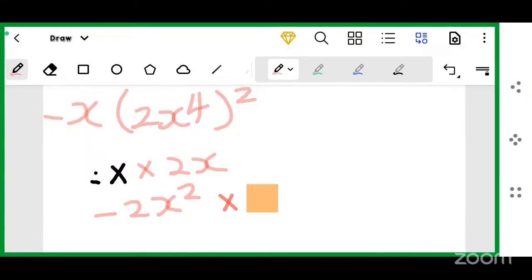Okay, let me just cancel these parts and then times to the power of 2, okay? And that equals negative 2x to the power of 4.